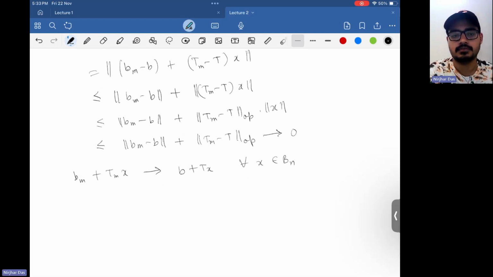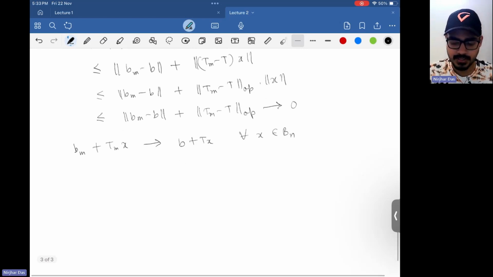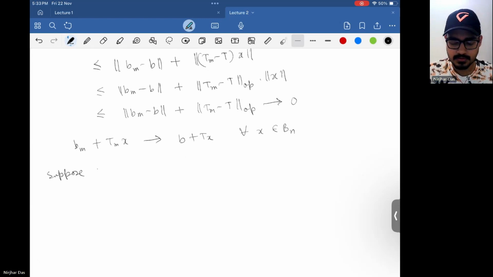And therefore, we can now argue, towards a contradiction, suppose there exists x dash belonging to Bn such that B plus T of x dash does not lie in K, right?